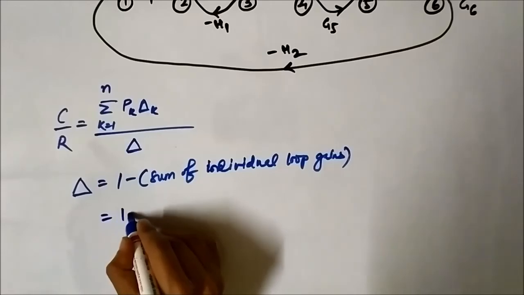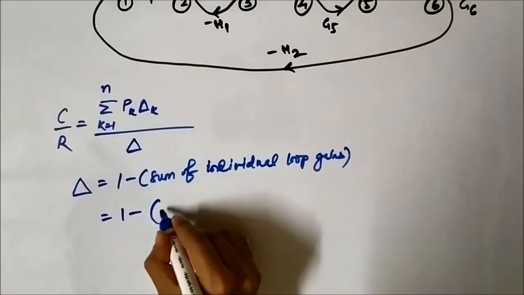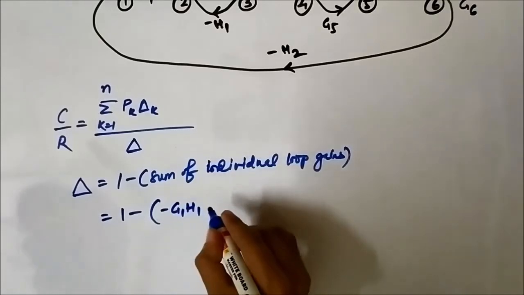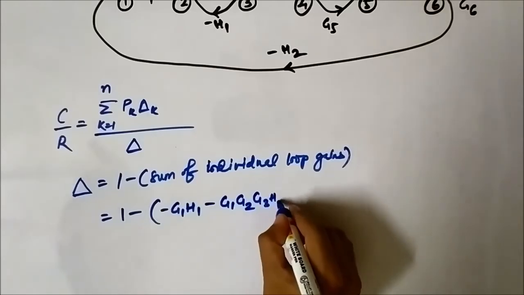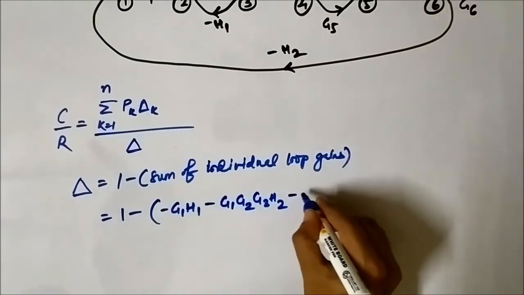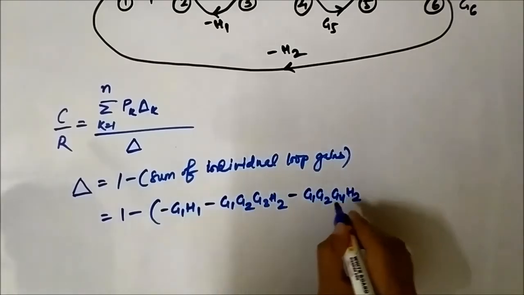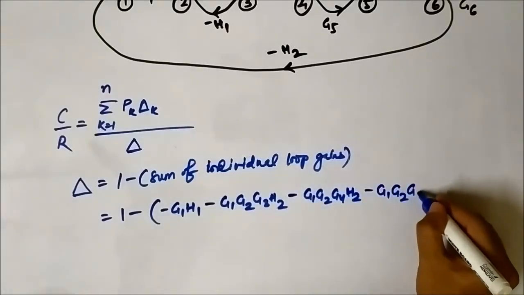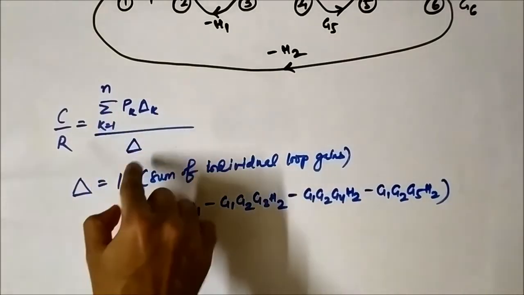So it will be 1 minus the individual loop gains L1, L2, L3 and L4, which will be minus G1 H1, minus G1 G2 G3 H2, minus G1 G2 G4 H2, minus G1 G2 G5 H2. This is the graph determinant. Now we'll just simply put this value in the denominator.